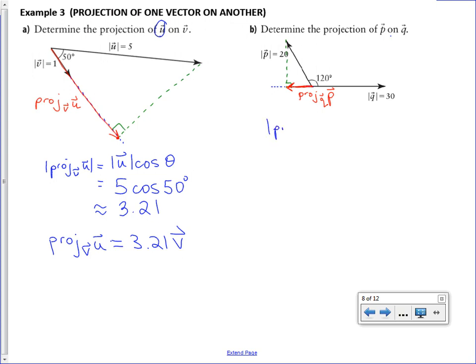So the projection of P onto Q. Okay, this one's easy. It's just the magnitude, the length of vector P times cosine of the angle between.